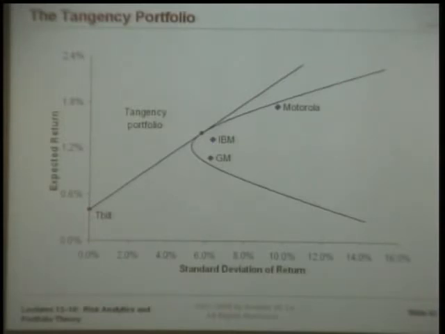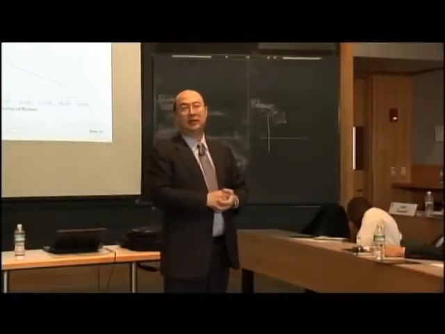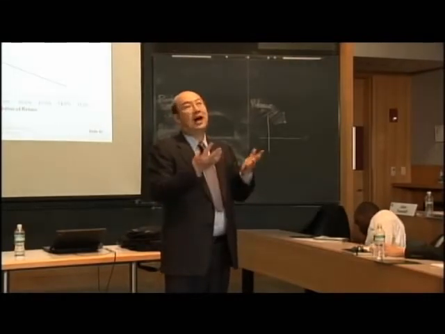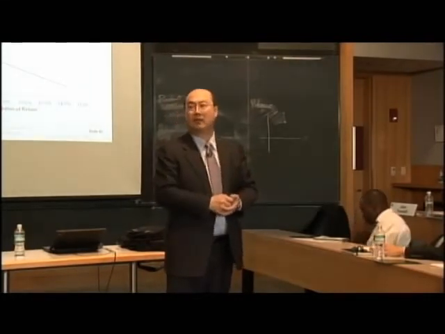The slope is going to be lower. Take a point over here in the inefficient branch of the bullet. Then the slope is going to be even lower than the upper branch. The biggest slope occurs when you invest between T-bills and that tangency portfolio. That's what you're optimizing, okay?